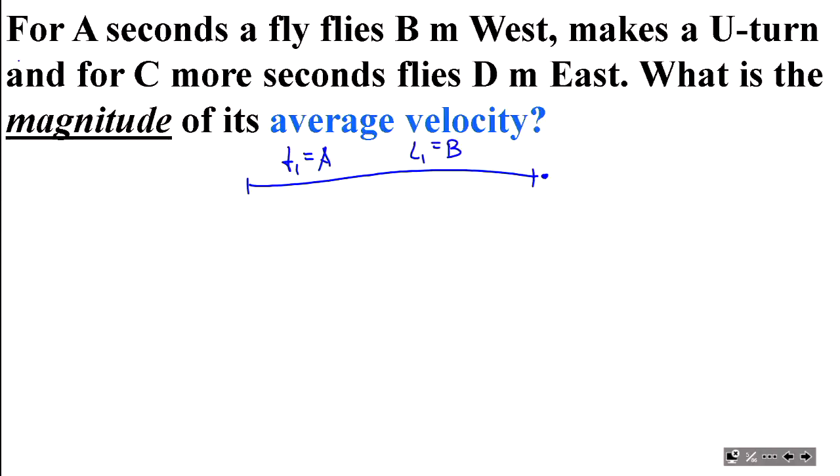Now it makes a U-turn, and then it travels back. We don't know if it's longer or shorter, so it doesn't really matter. It doesn't affect the general strategy.